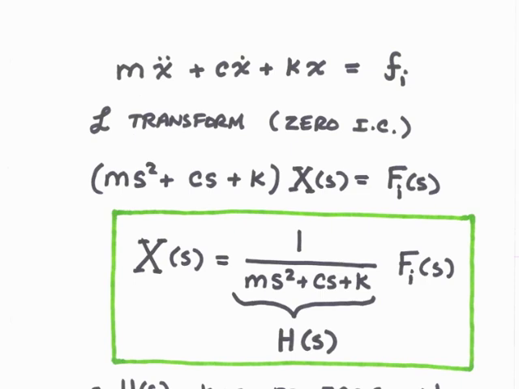We then divide through by ms squared plus cs plus k, and we find the following relationship between input F sub I and output X of s.